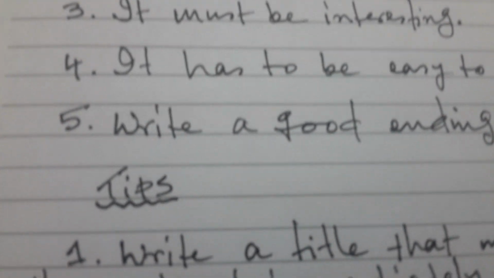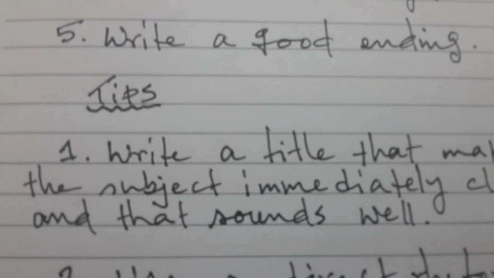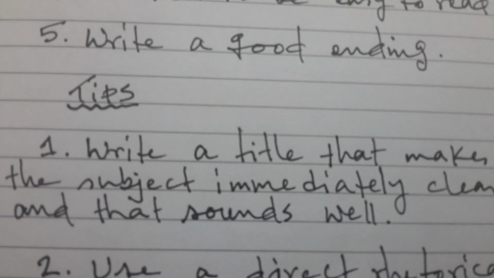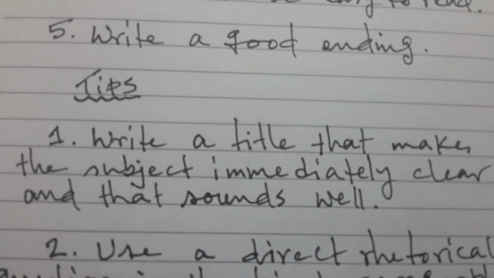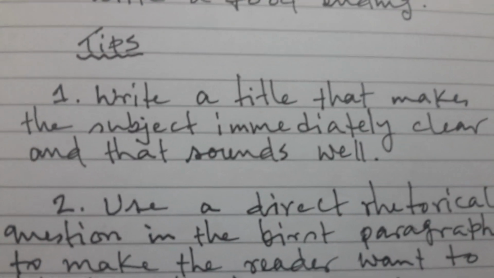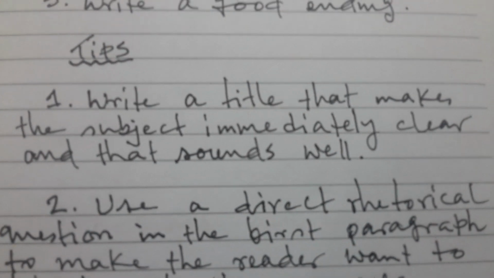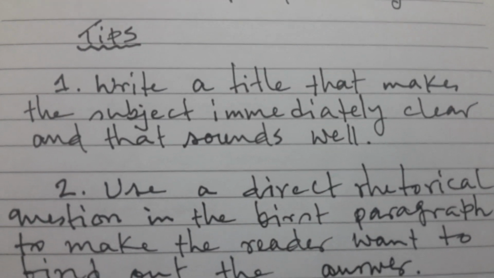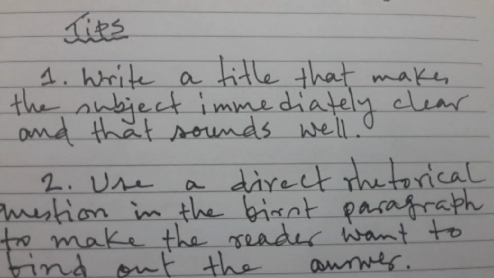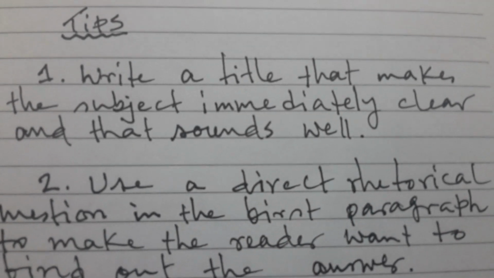Alright, now let's write and let's see what tips I have. Okay, before I give you the tips, I want to remind you, for CIE students, you have to brainstorm and find 4 to 5 interesting points to talk about in your article.